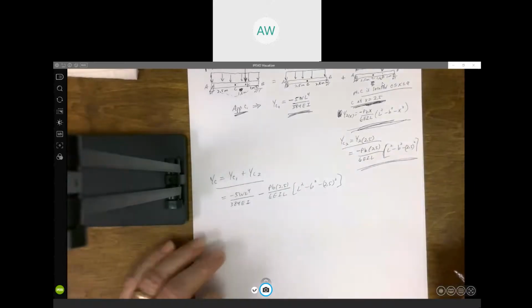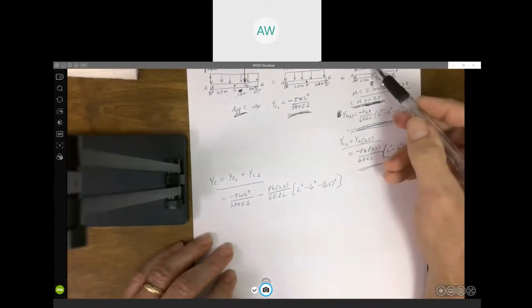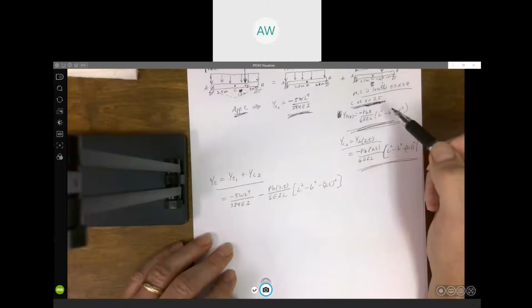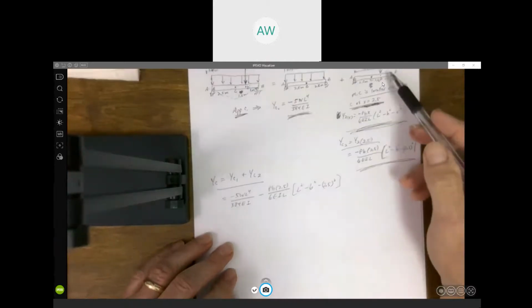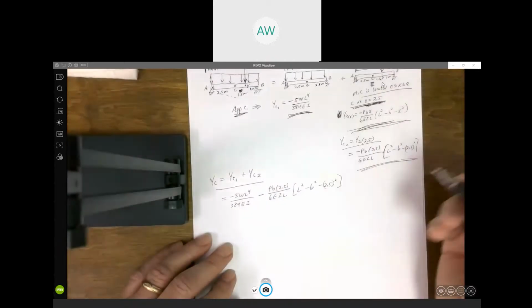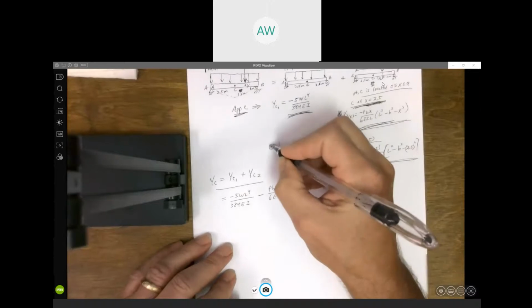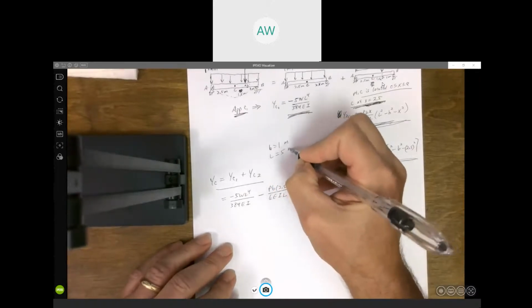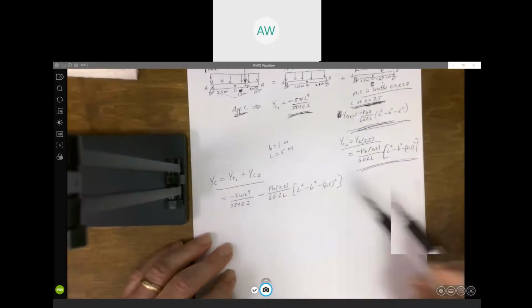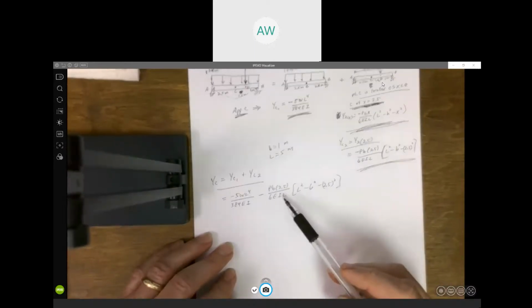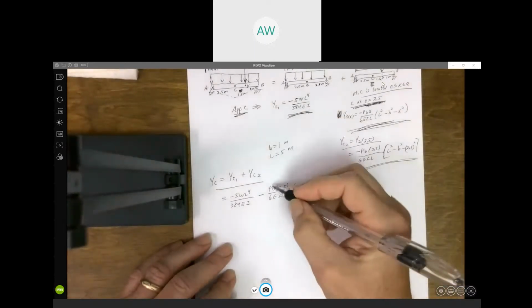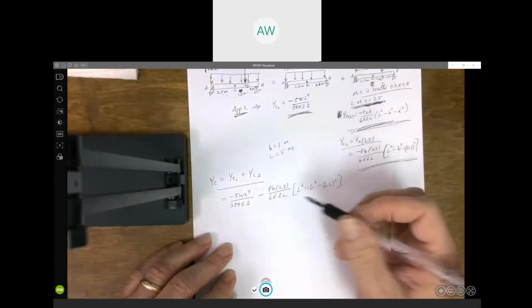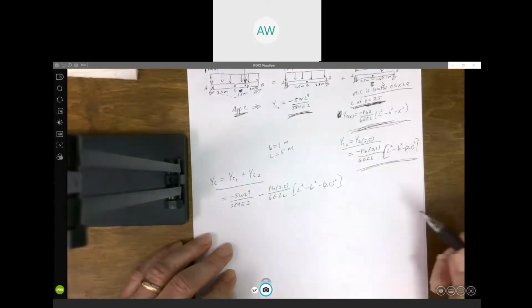Right? And we know A is 4. We don't have an A in here. B is 1. L is 5. And then I think that's all we got. Well, P is 2 kilonewtons and W is 1 kilonewton per meter.